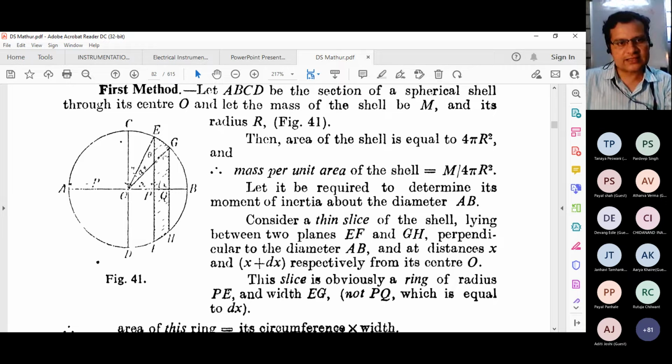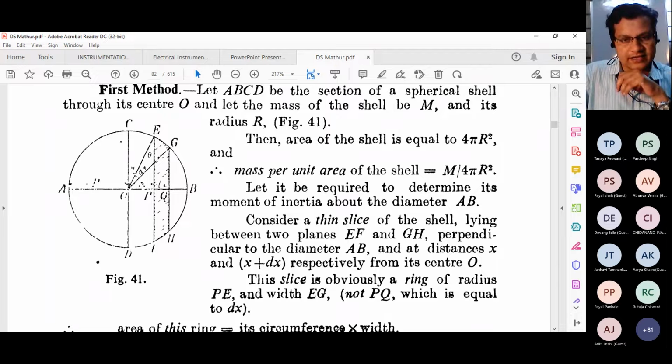This is the slice of the shell, bounded by two planes, EF and GH, perpendicular to the diameter. This thin slice is at a distance x and has width dx from the center O.